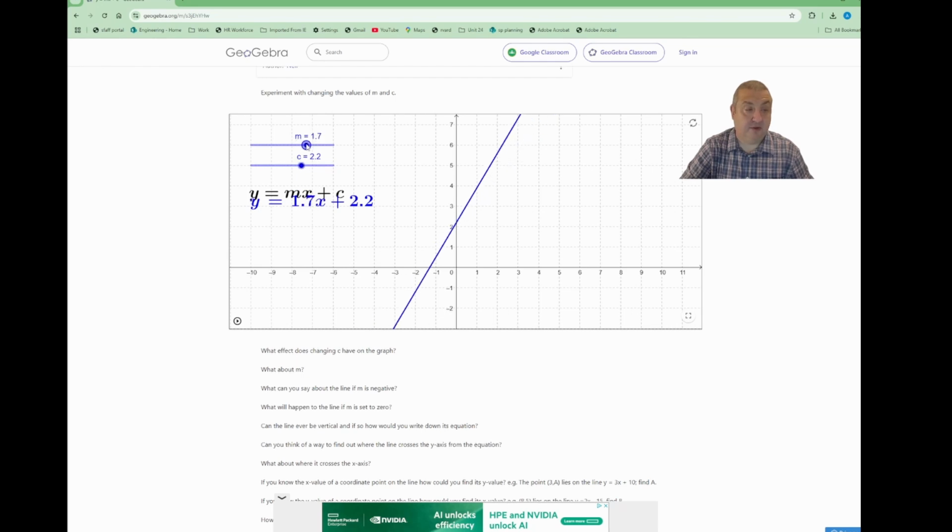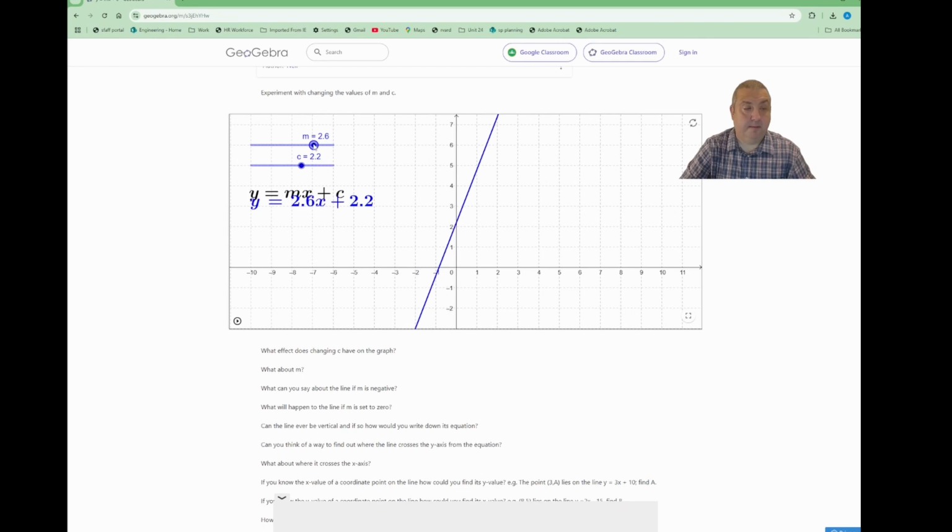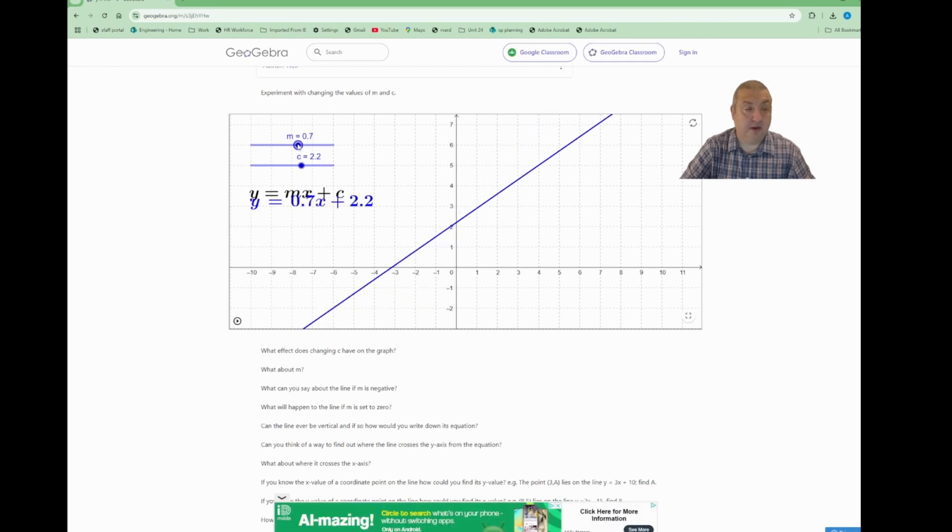Now, what I didn't say before was this alters the gradient to make it steeper. So whenever m gets bigger, the gradient gets steeper, like the hill gets steeper going up. But when it goes to 1, it becomes equal to x as it goes along.